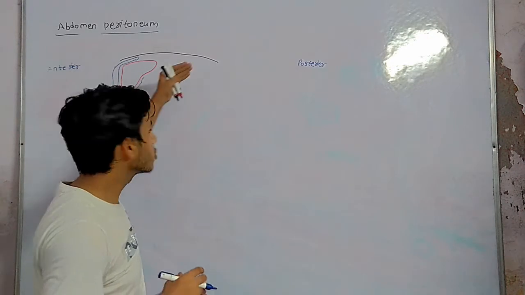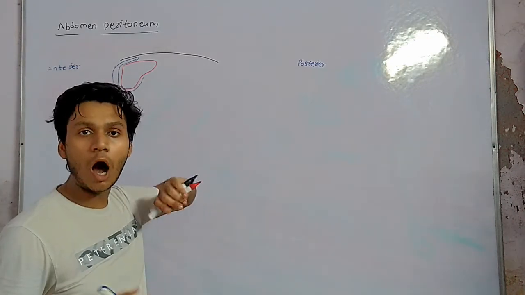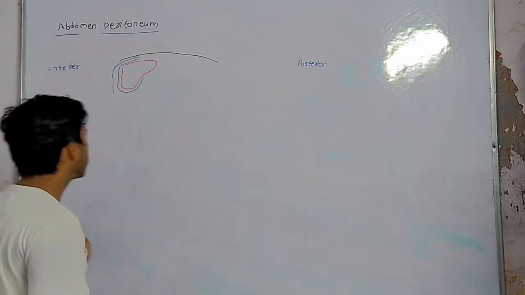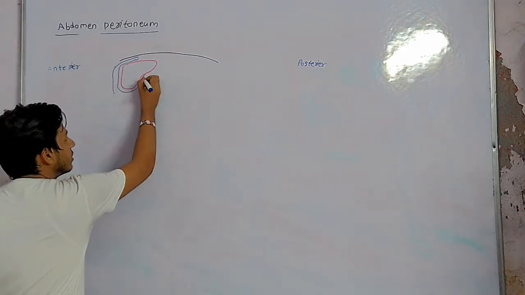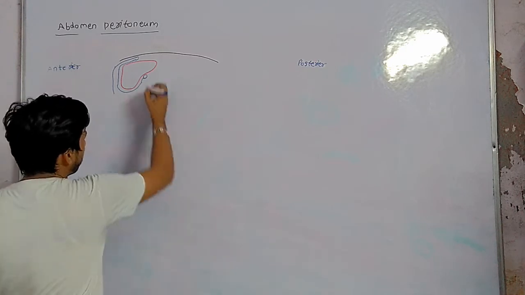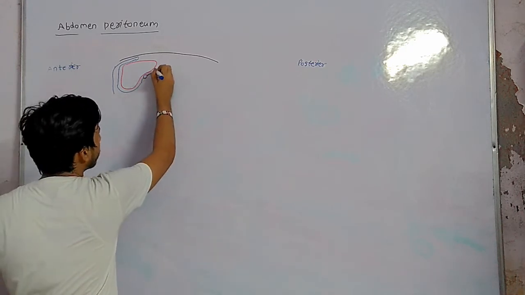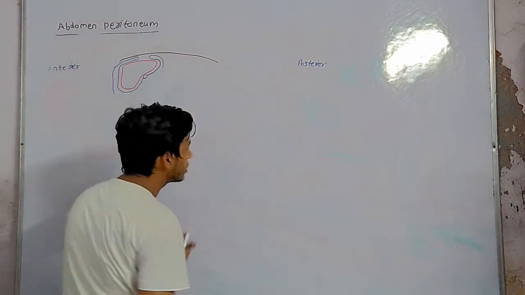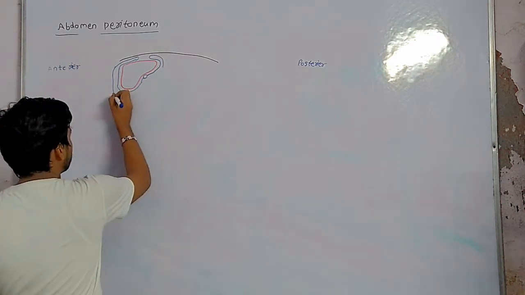If we closed this opening with peritoneum, how would vessels enter and exit the liver? So there is an opening here, the porta hepatis, for vessels which enter and exit the liver.